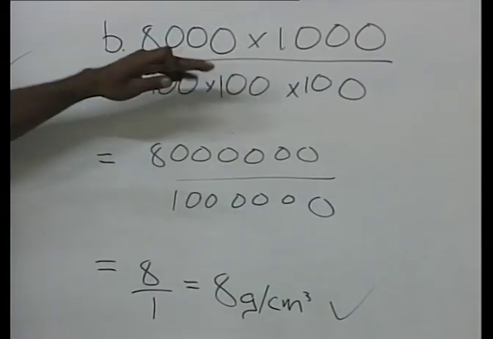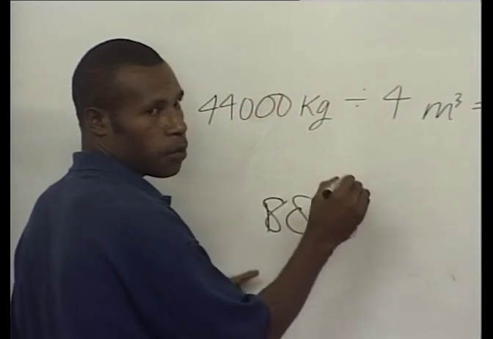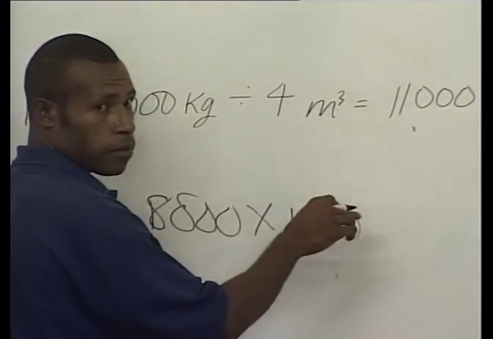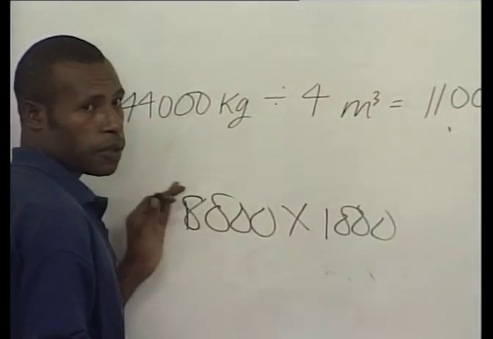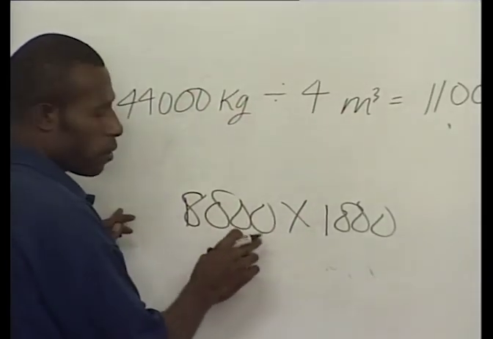Right, let's explain. That is simply 8,000. If you're trying to change that, you will be multiplying by 1,000. Because you're moving from a larger unit to a smaller unit, you have to multiply, and then you have to determine how many places you're moving.